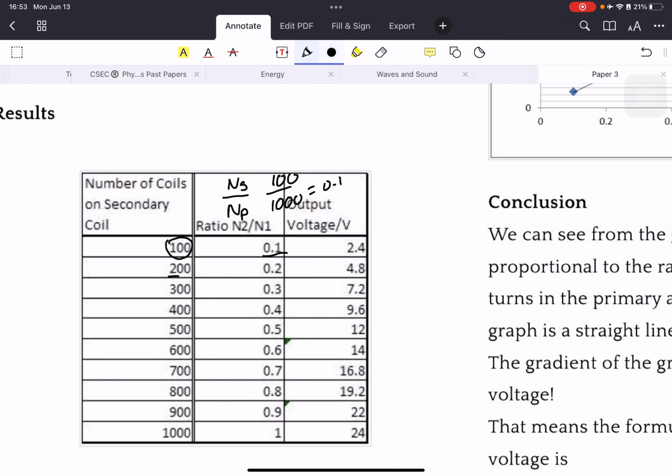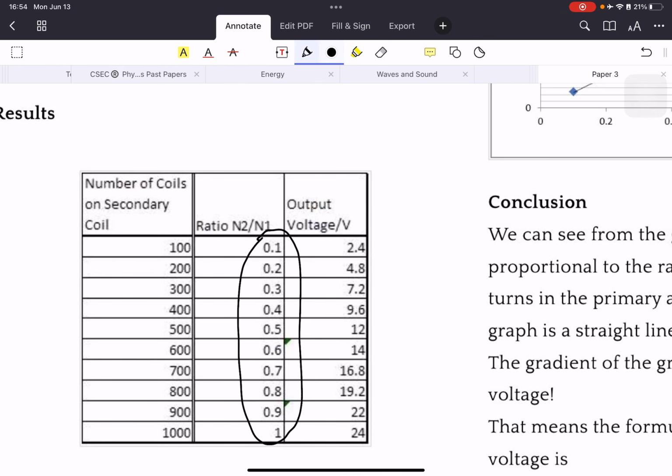As you move up, you reach 200 over 1,000, and that is 0.2. And so you go, 300 over 1,000, 400 over 1,000. That's the ratio. The only thing changing is the number of turns in the secondary coil. The primary coil is staying the same at 1,000. So you would get those values for your ratio.